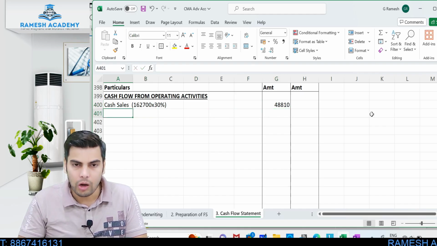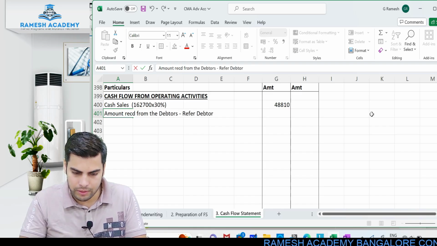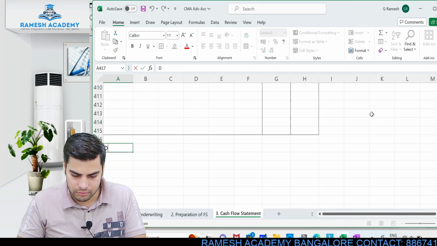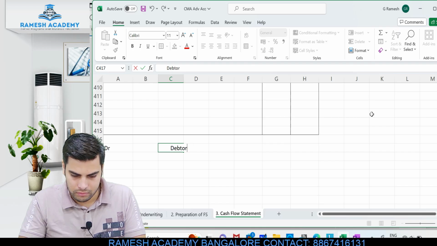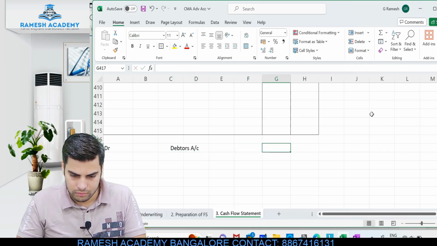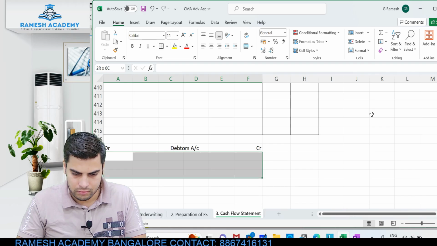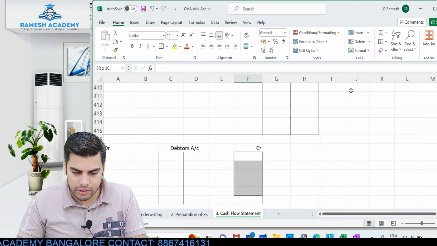All right. Now let's talk about the amount received from the debtors. For this we'll prepare a debtors ledger and refer to that. So, debtors ledger. Here they have given some increase or decrease in receivables and payables, right?